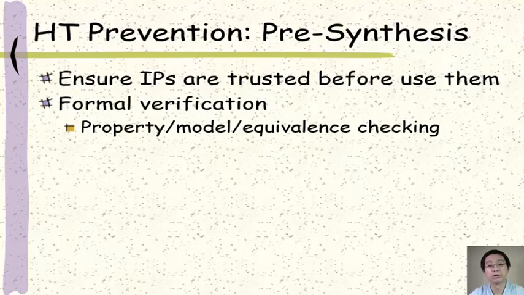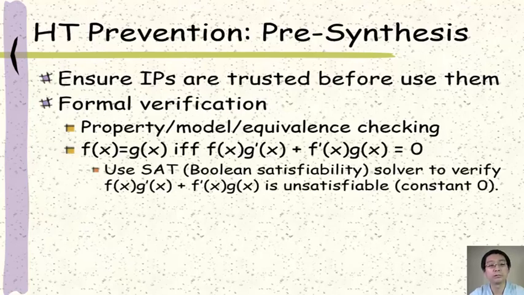For example, when we want to check whether two combinational units are equivalent, F equal to G, the only thing we need to verify is that the function f(x) times g prime(x) plus f prime(x) times g(x) will be a constant 0. When we say times, this is a logical AND, when we say prime, this is the complement, and when we say plus, that is the logical OR.